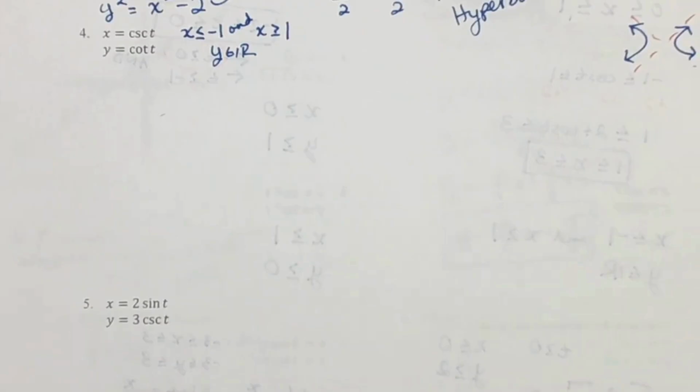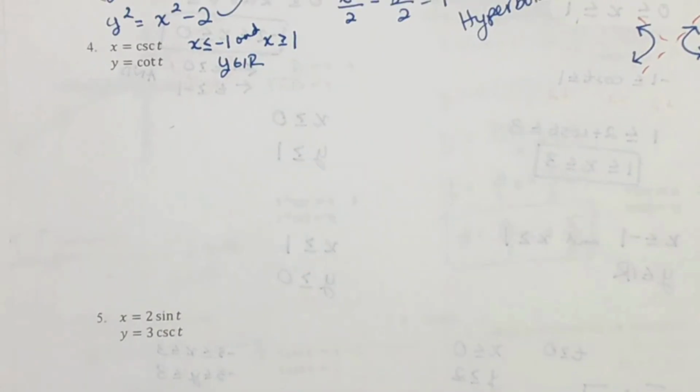All right, so let's eliminate the parameter t. Well, again, one way that I can get t by itself is to inverse cosecant both sides, but then plug in cosecant inverse into cotangent. Just don't do that. Is there a relationship between cosecant and cotangent that we have some kind of equation?